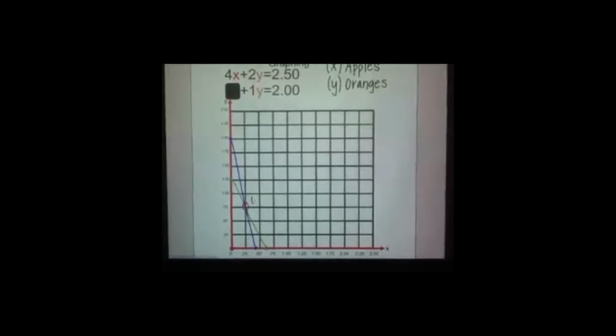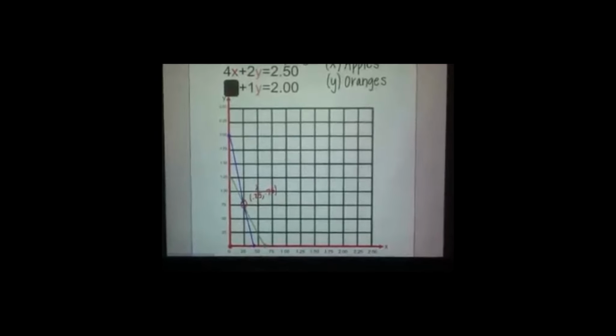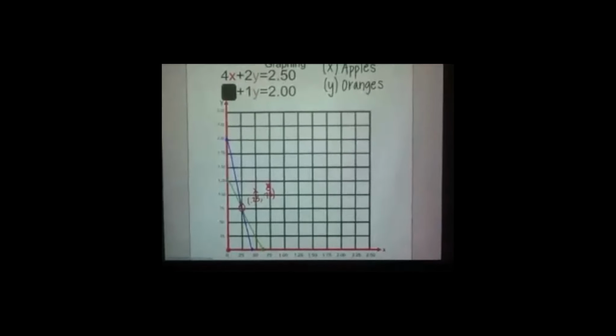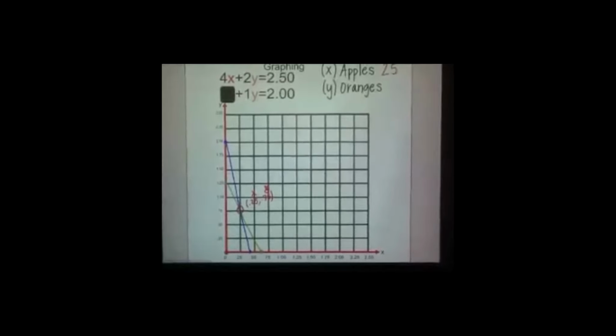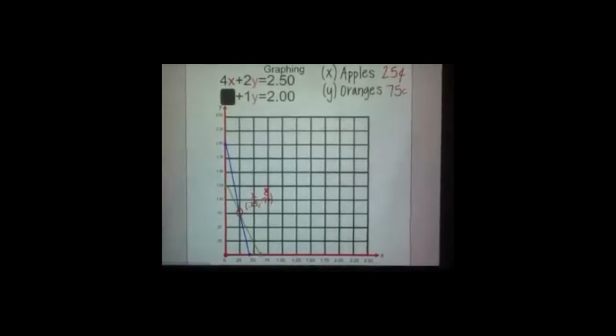And when we write ordered pairs, we always write the x value first and the y value second. And now we know that our apples equal 25 cents and our oranges equal 75 cents.